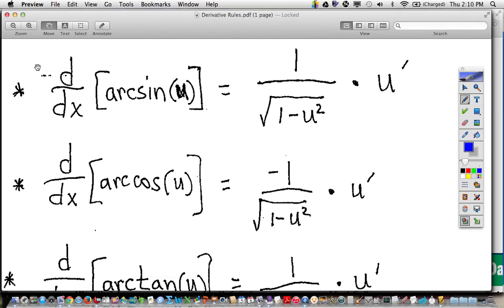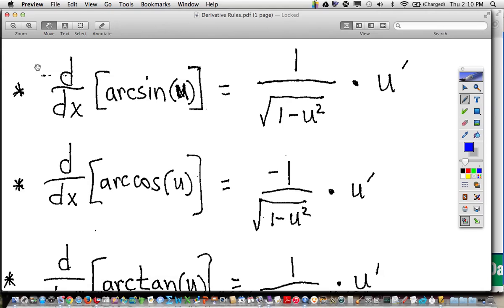So if we had arc sine of x squared and we want the derivative, it would be 1 over the square root of 1 minus x squared squared, the x to the 4th, times 2x, the derivative of the inside.